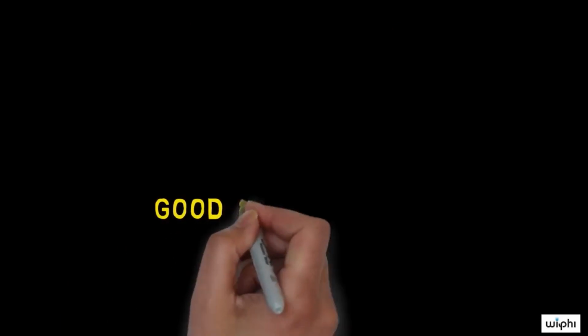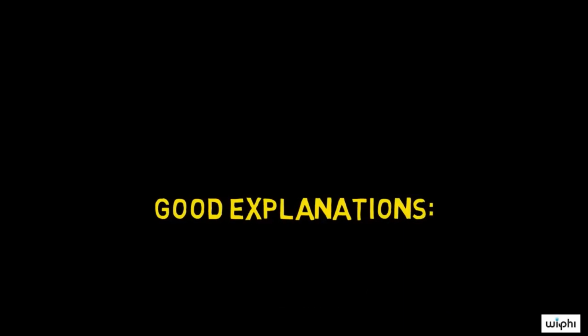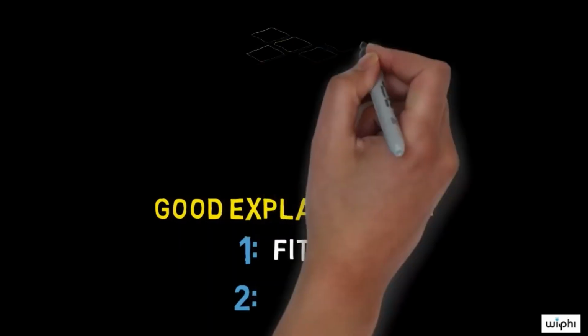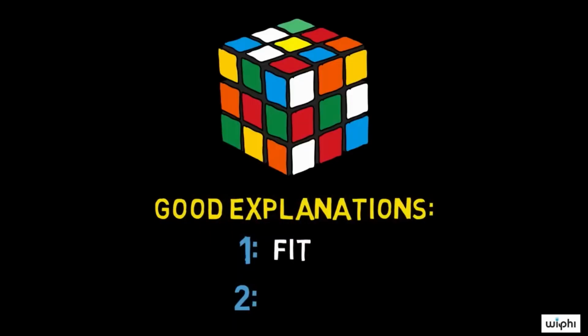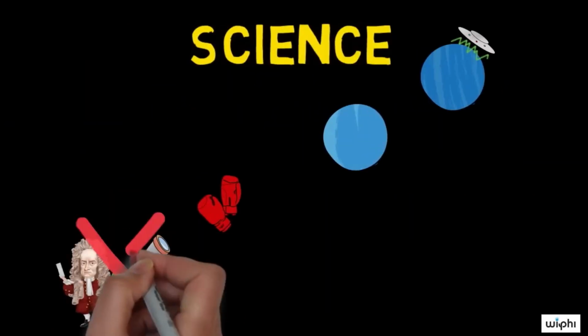So what makes something a good explanation? Well, there's a lot of debate about this amongst philosophers, but here are two characteristics of good explanations that most generally agree about. First, the more an explanation fits in with everything we already know, the better it tends to be. Consider another possible explanation for the discrepancies between the observed orbit of Uranus and the predictions of Newton's theory.